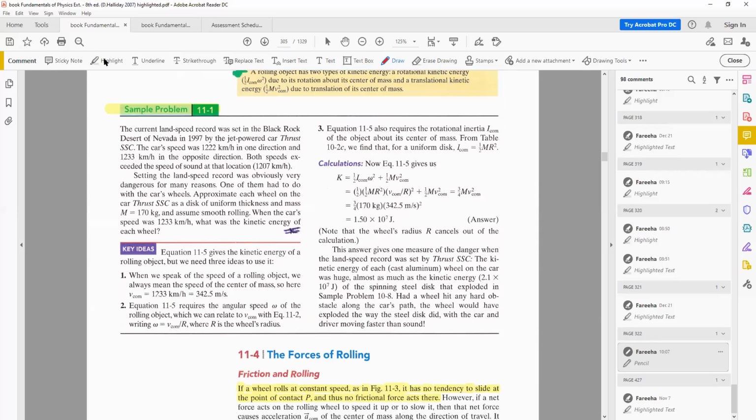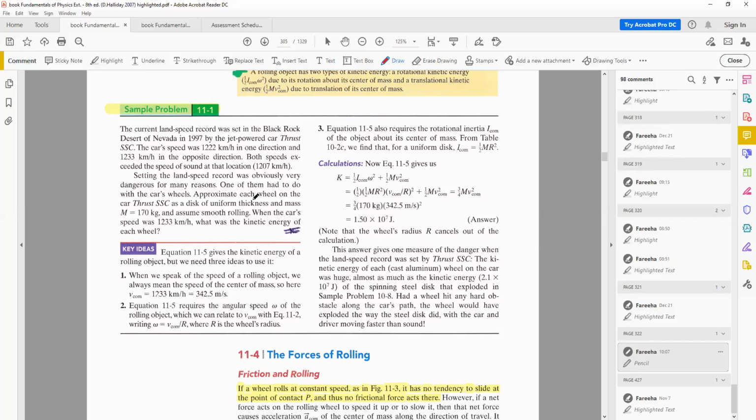This is a problem on the land speed record, which was set in a desert by a car that had a speed of 1222 kilometers per hour in one direction, and in the opposite direction, a speed of 1233 kilometers per hour. Both speeds exceeded the speed of sound at that location. Okay, so it was very fast.